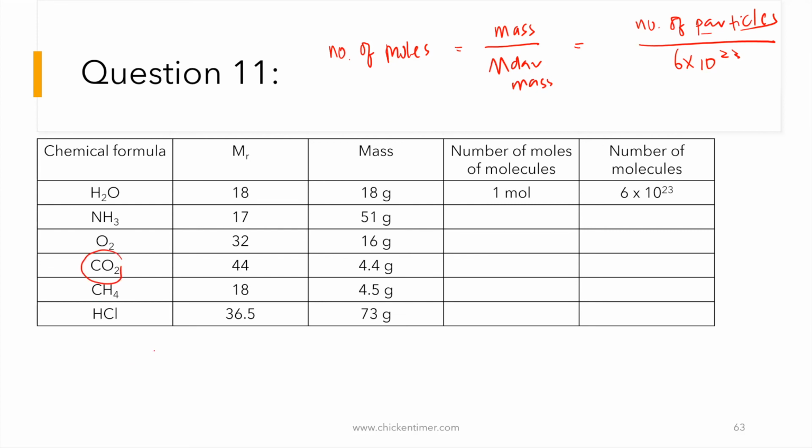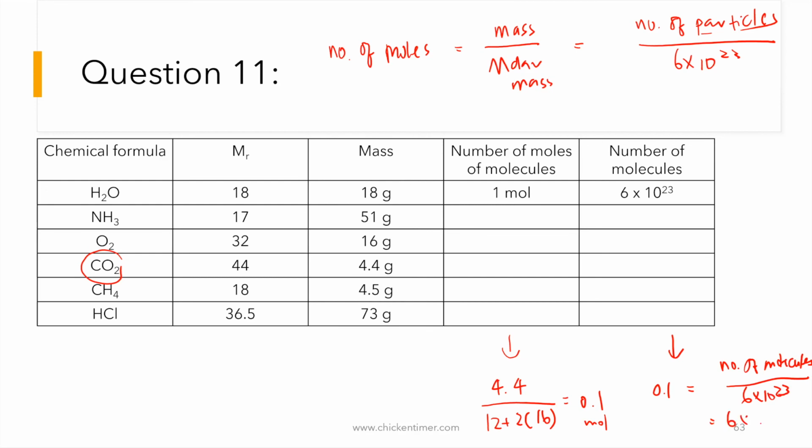Number of moles of carbon dioxide is mass of carbon dioxide divided by Mr, so I get 0.1 mole. Then the number of molecules is the number of particles: 0.1 equals number over 6 times 10 to the power 23. Multiplying gives 6 times 10 to the power 22. So this answer would be 0.1 and 6 times 10 to the power 22.